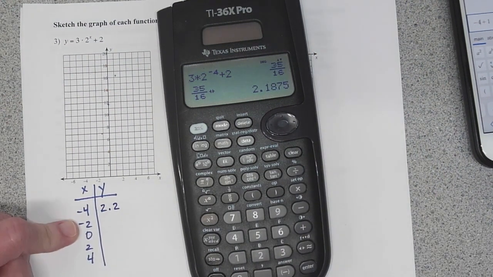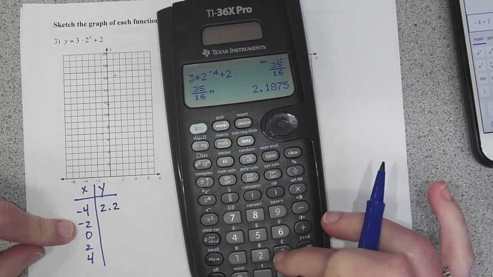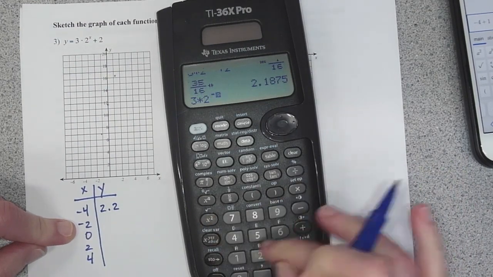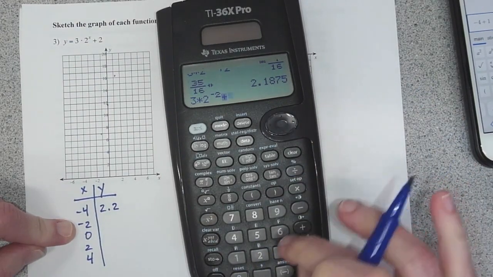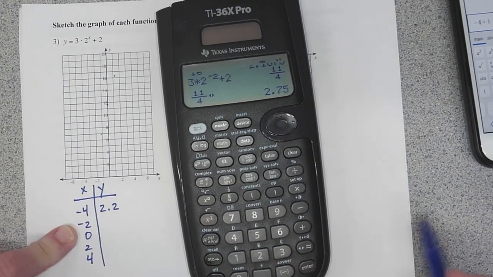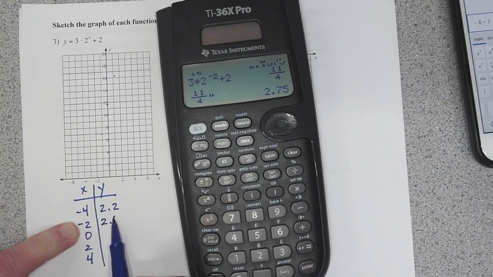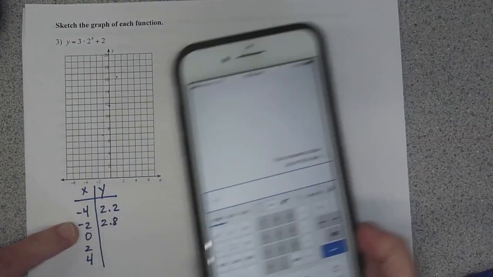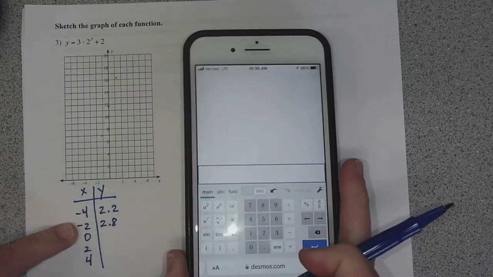Okay, now let's do -2. So we'll do 3 times 2 to the power of -2, bring it down, and now +2. And I'm going to get 11/4, which is the same thing as 2.8. Okay, and now I'll show you on the other calculator if you want to see the Desmos Scientific calculator. Looks like this on your phone.